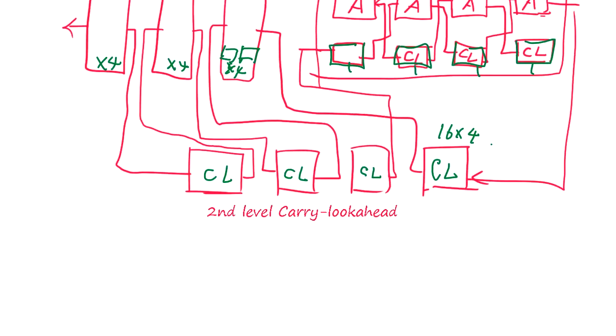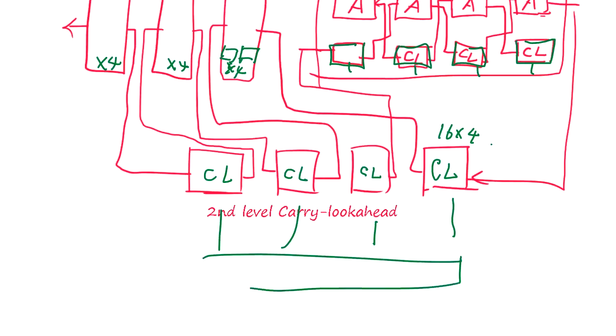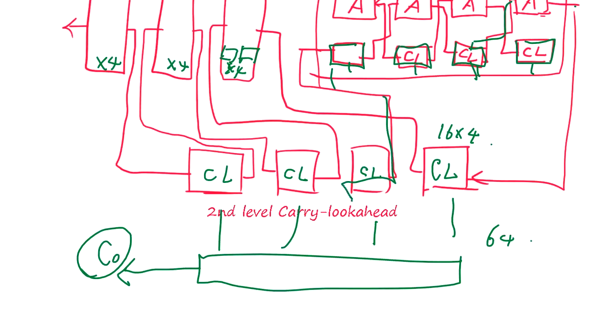Finally, we use all the results to get the final carry-lookahead for 64-bit. So in this logic, you don't have to ripple through 64 adders to get the final carry. You get only the first stage logic, the second stage logic, and the third stage logic.